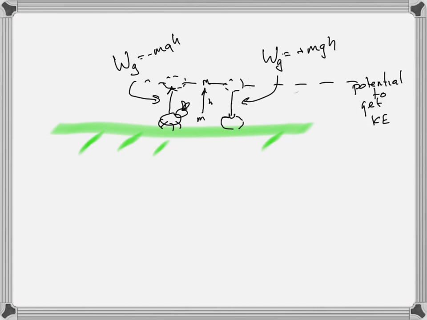Now that velocity is taken away at the floor, which does negative work to slow the puppy down again, but as it falls, it gets kinetic energy. So in this sense, if you lift the body up, that conservative force gives you a potential energy. It gives you the potential to get energy, as opposed to a non-conservative force.